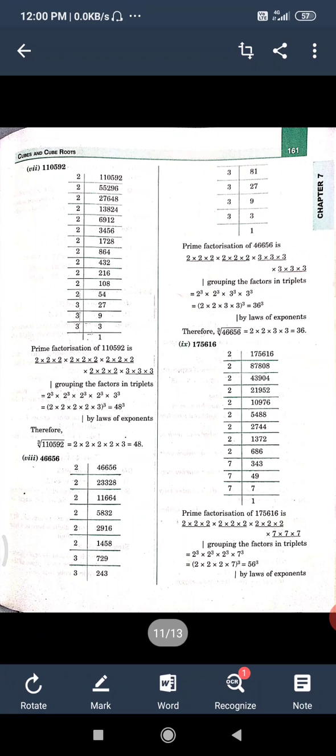In this way we obtain the prime factorization: 2 three times, again 2 three times, again 2 three times, and 7 three times. So 2 multiply 2 multiply 2 multiply 7. 2 twos are 4, 4 twos are 8, 8 sevens are 56. Therefore the cube root of 175616 equals 56.